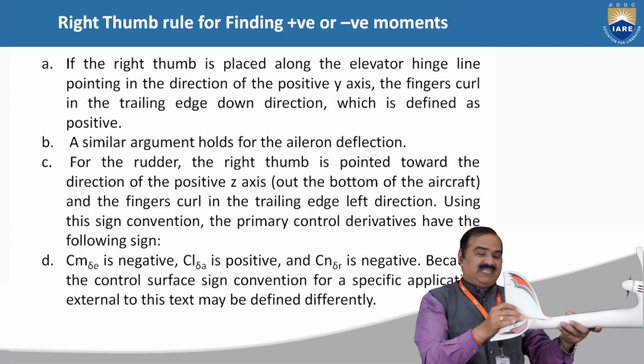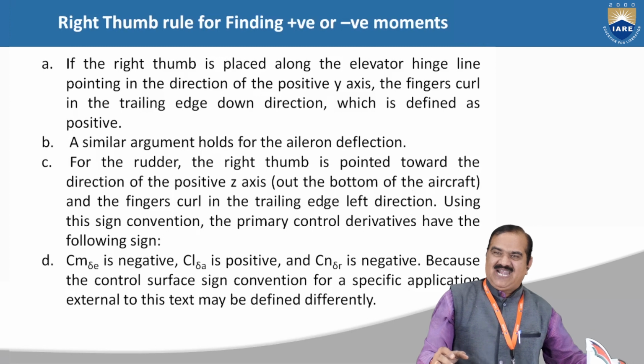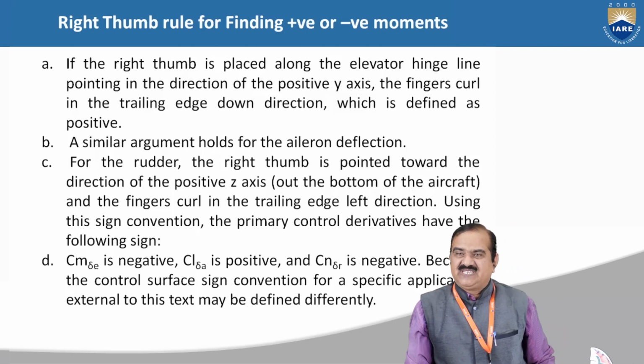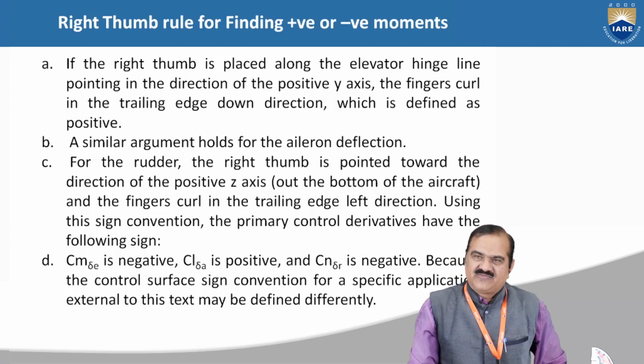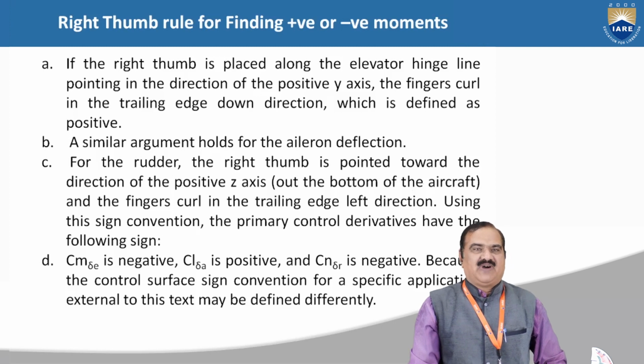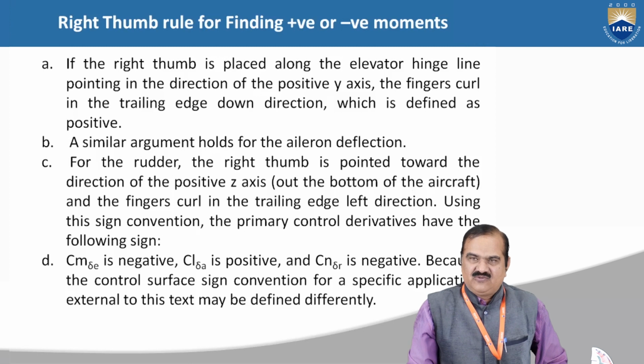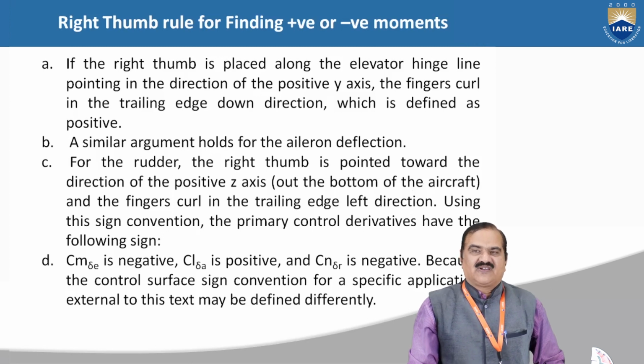So in this, if Cm delta E is negative, Cl delta A is positive, and Cn delta R is negative, because the control surfaces' sign convention for a specific application external to this text may be defined.